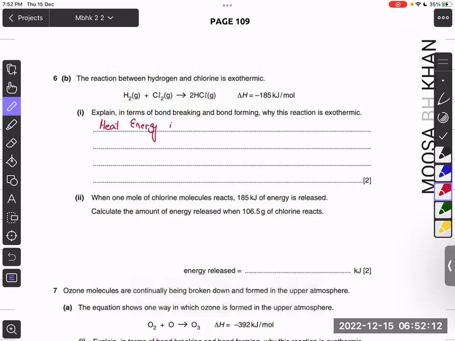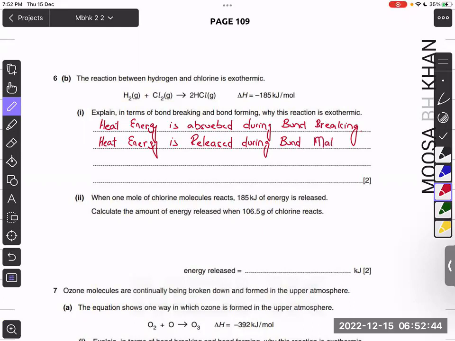Heat energy is absorbed during bond breaking and heat energy is released during bond making.